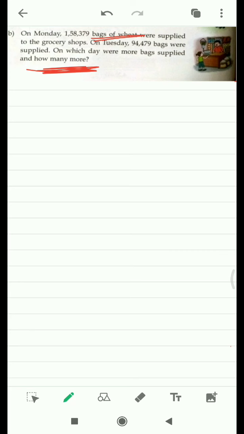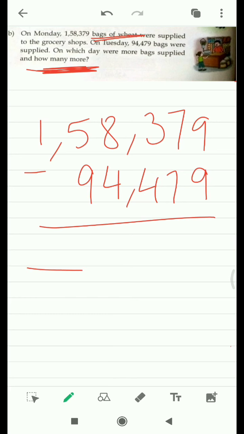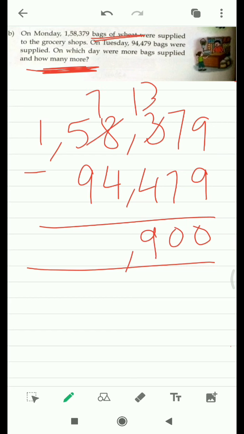So first we're going to subtract them. 1,58,379 minus 94,479. 9 minus 9, 0. 7 minus 7, 0. 3 minus 4, not possible, so we borrow. We get 9. 7 minus 4 is 3. 5 minus 9, not possible, so we borrow. It's going to be 0. It comes out to be this.